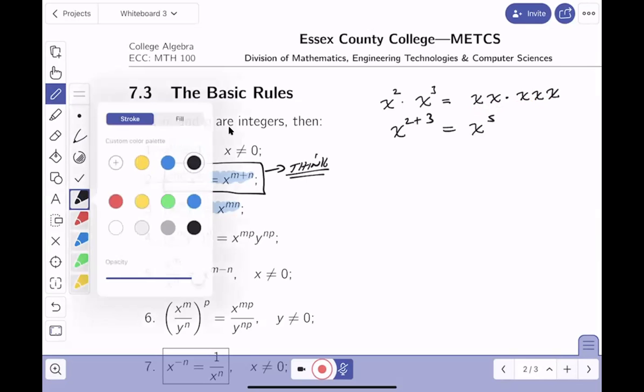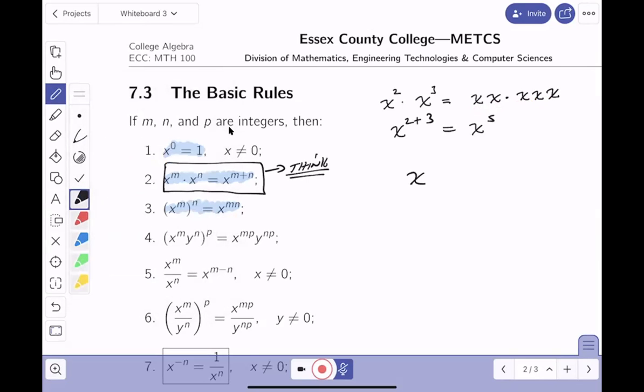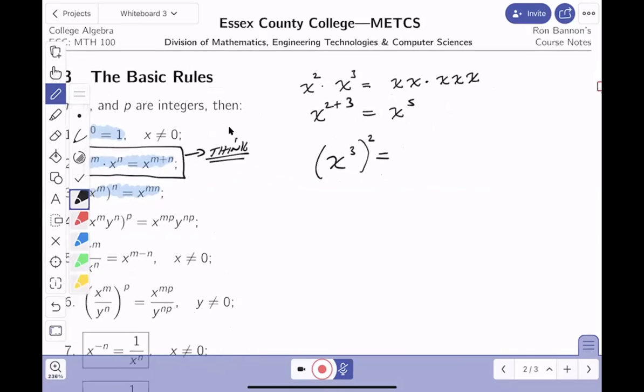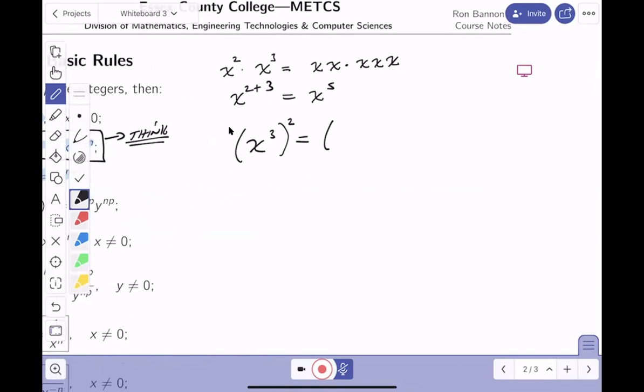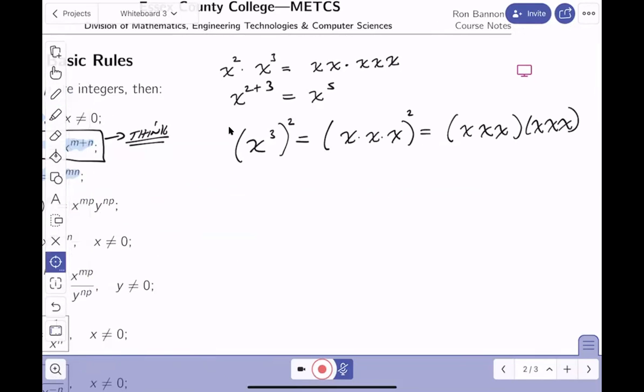As I put this one down, it's going to be x. Now let's put down x cubed squared. I'm still going to write it down. What does it mean? Well, inside the parentheses means you have 3 factors of x. And then I put it down twice. Let's count it up. 1, 2, 3, 4, 5, 6.